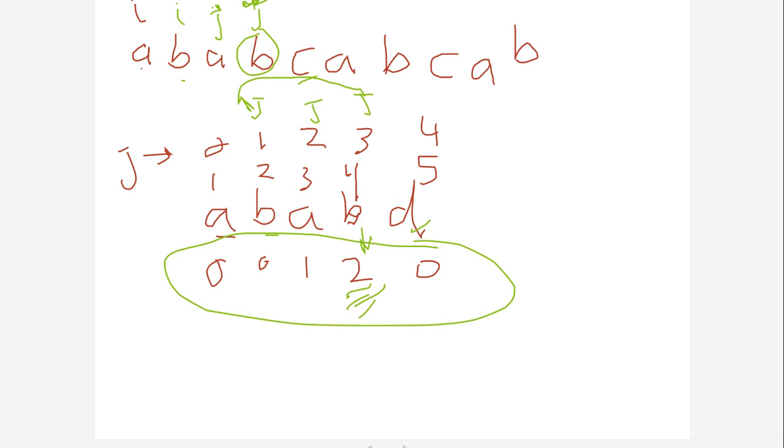So we start from J equal B. No need to compare the A again. Then start comparing J with this. B, yes, correct. Then shift. C with A, no. A, what is the location of A? 1. So we have to move J back to 0. So only J is moving backward and forward.